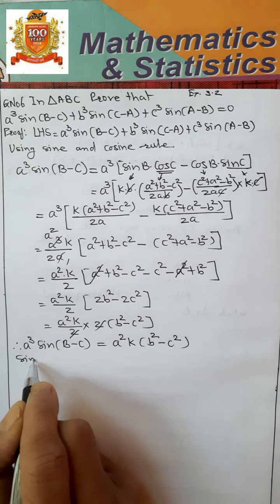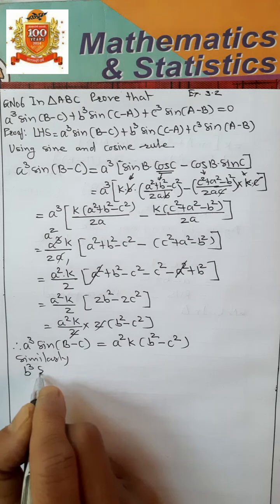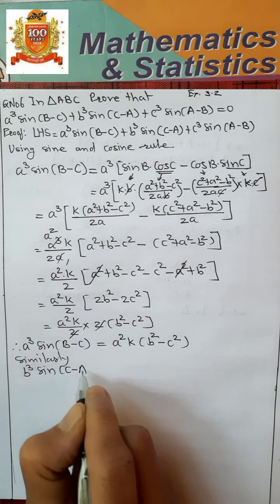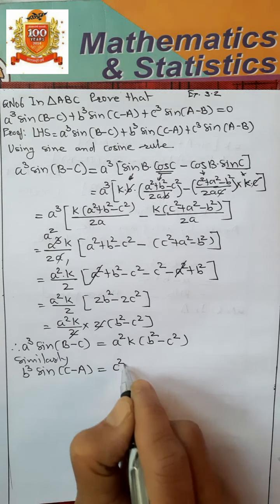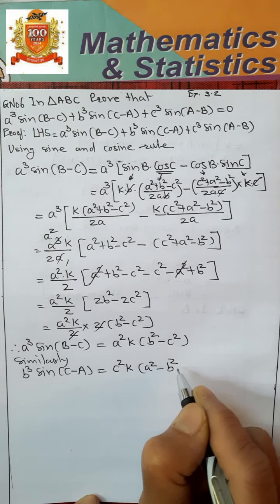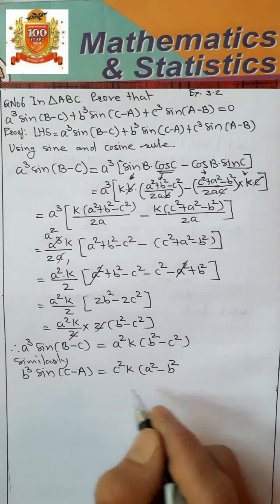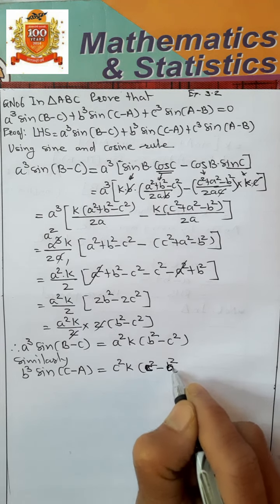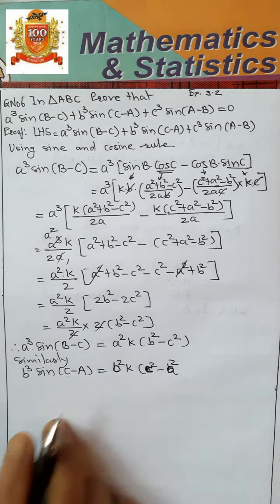Similarly, b cube into sine (c minus a) is equal to b square k into bracket (c square minus a square).